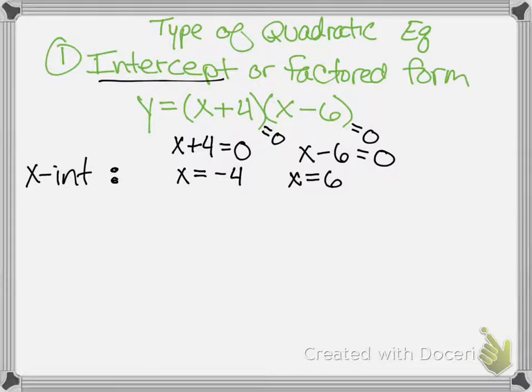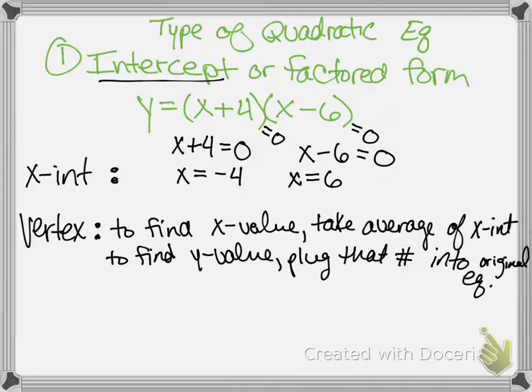Now that I have those intercepts, the easiest way to find the vertex is to take the average of those 2 points. So I added the steps to find the vertex. Again, this is what you want to use when you have this factored format. Remember, your vertex is a point, which means it has to have an x and a y value.